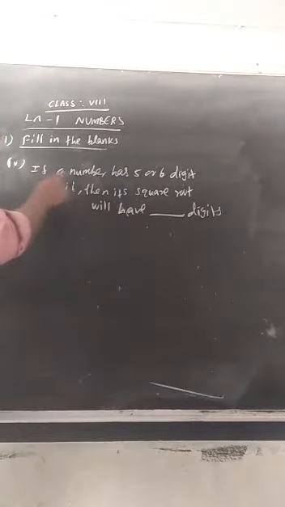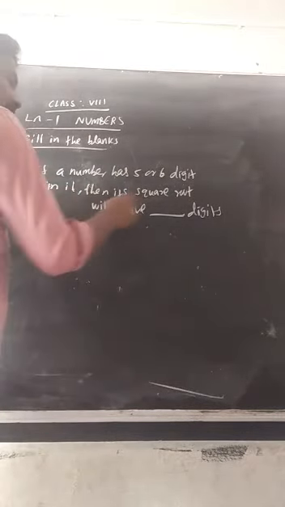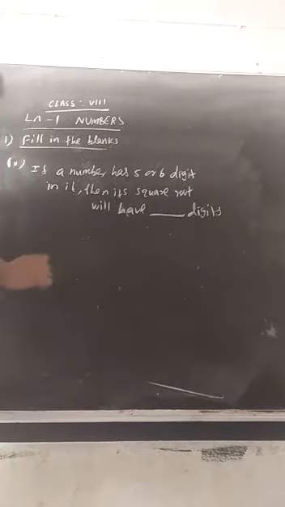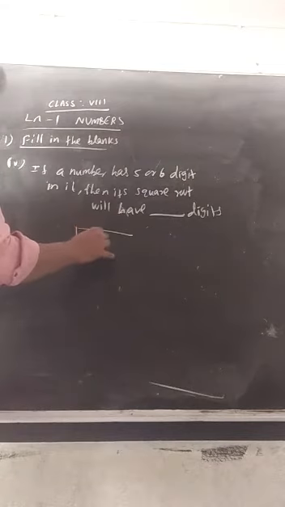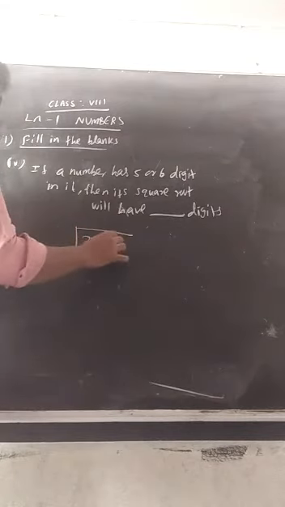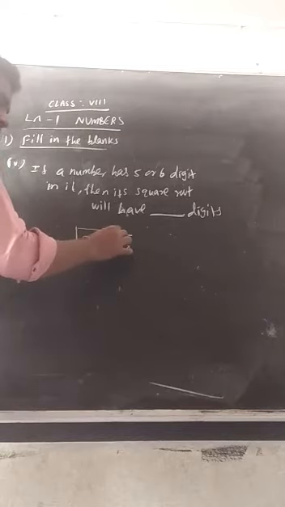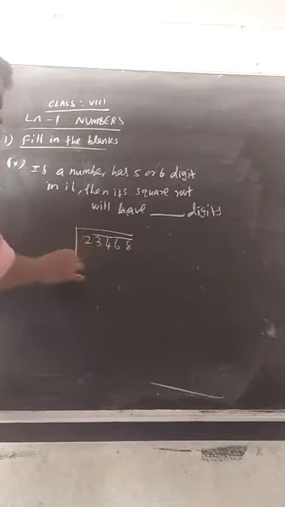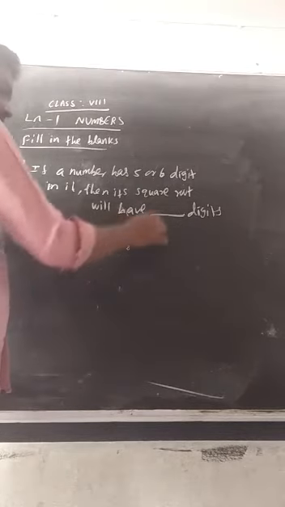Next one. If a number has 5 or 6 digits in it, then its square root will have dash digits. So for 5 digits, for example, 2, 3, 4, 6, 8, here we apply a bar, here we apply a bar. Totally how many bars are there? 3 bars, so the answer is 3.